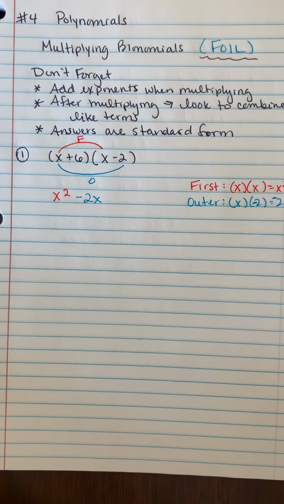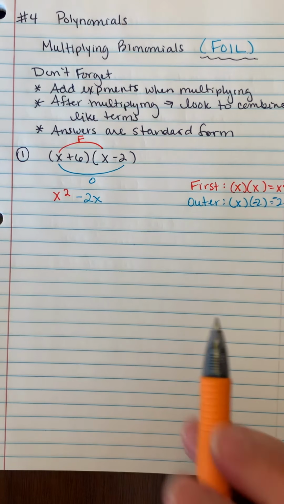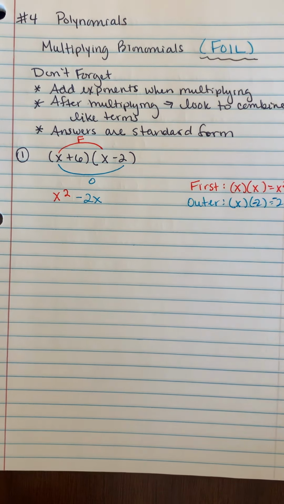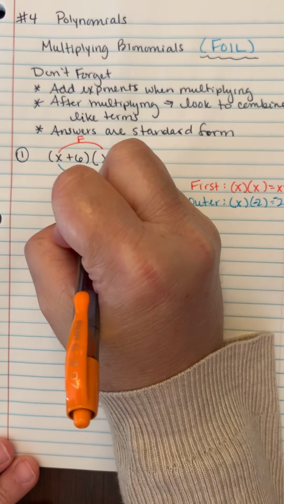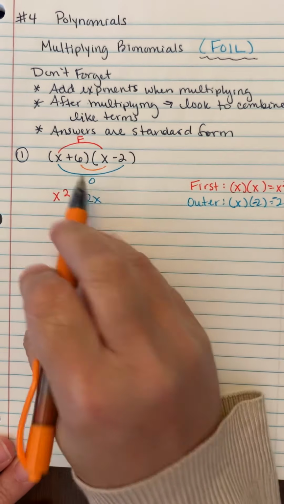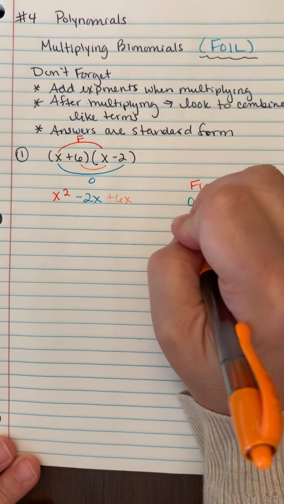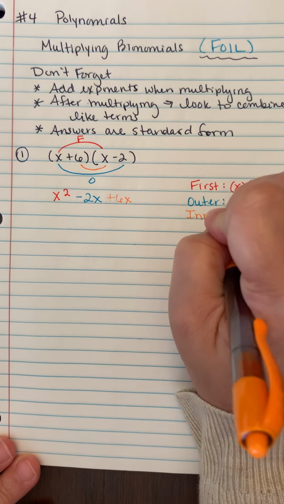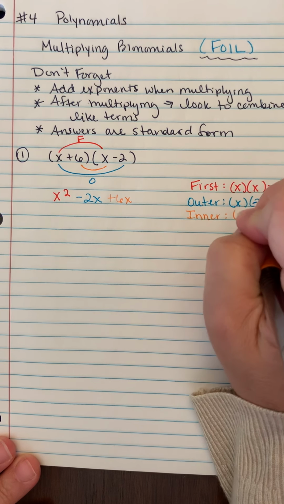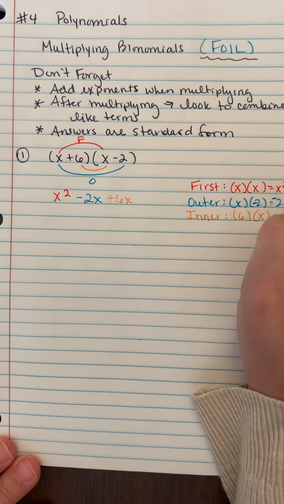And now we're going to look at the I, which will be your inner terms, which would be 6 times x. And 6 times x is 6x.